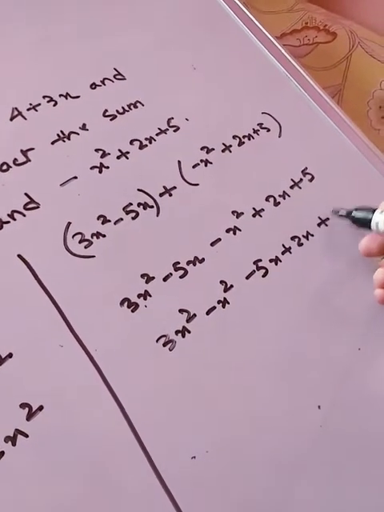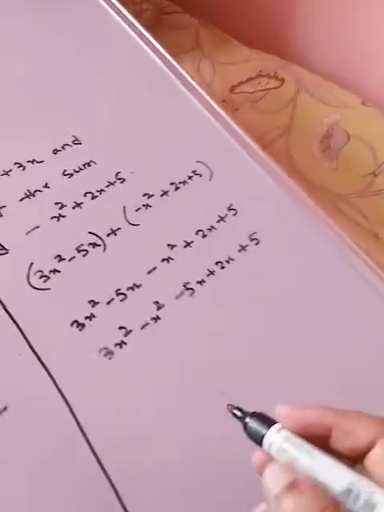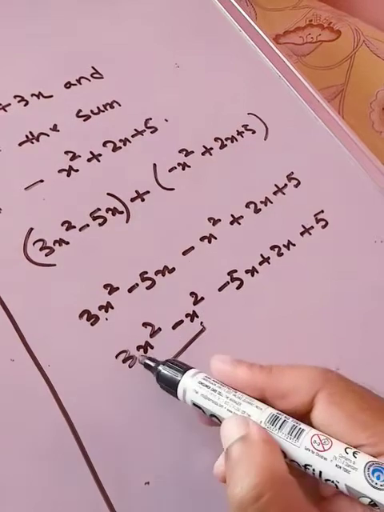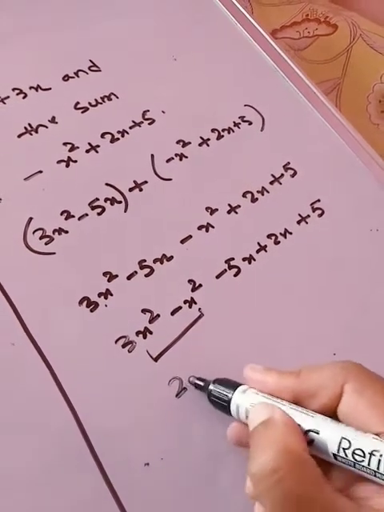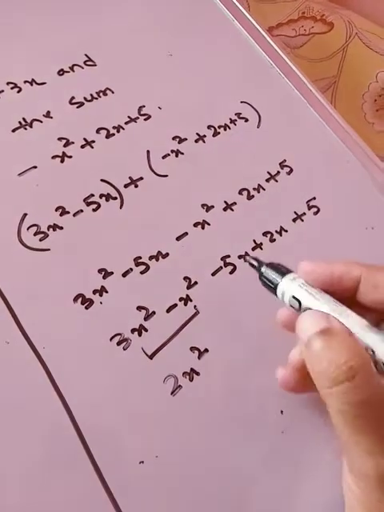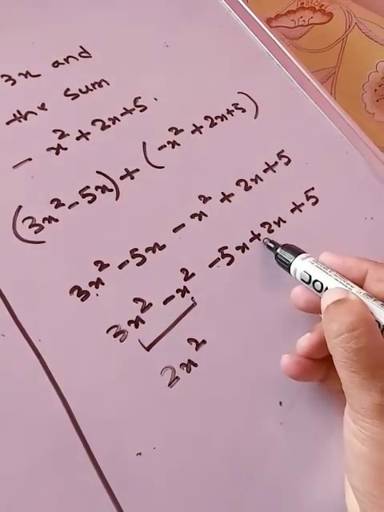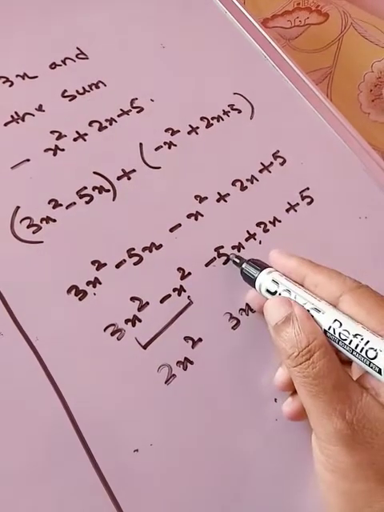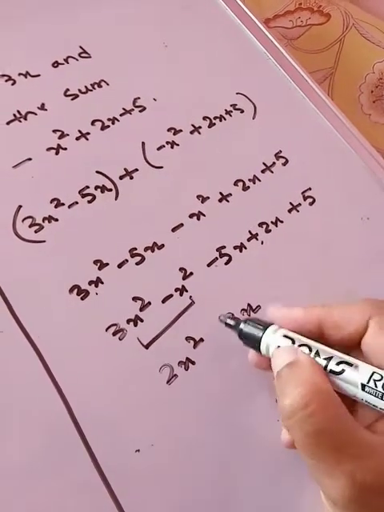There is only one constant term, so we'll write it at last. Now solve these two. So plus minus is minus. 3 minus 1, 2. Which number is greater? 3. So 3 is carrying plus sign, so I have not given anything. Minus plus minus, 5 minus 2 is 3. Which number is greater? Minus 5. 5 is carrying minus sign, so put minus sign.